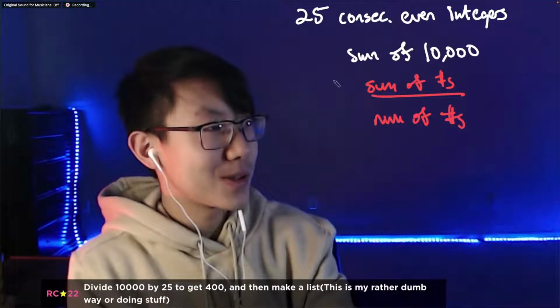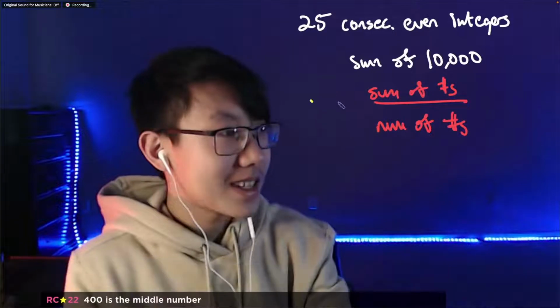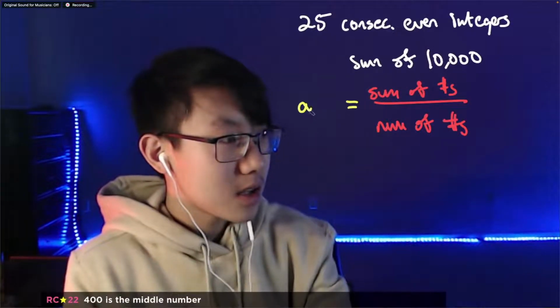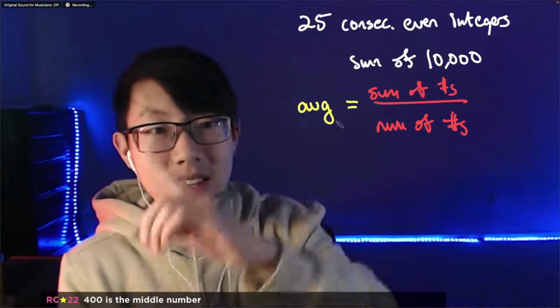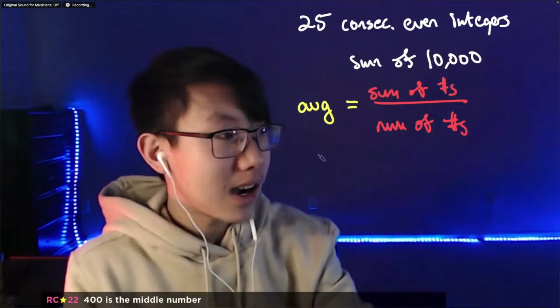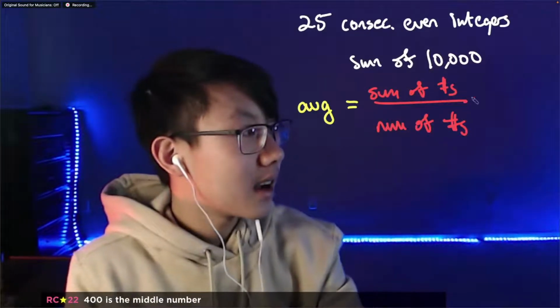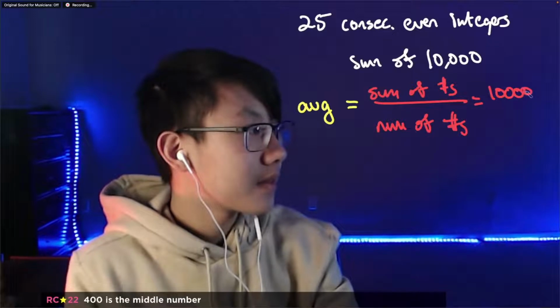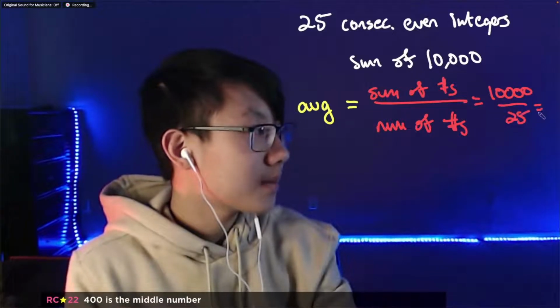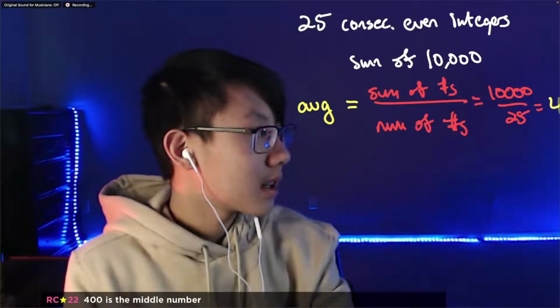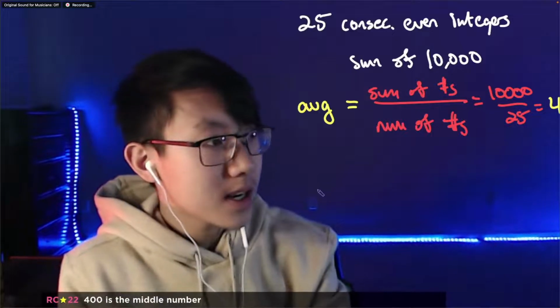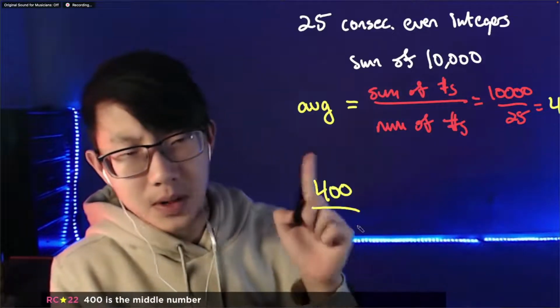This entire expression is the middle number, right? In other words, the average. Really good. So right away, that gives us the average of all the numbers. 10,000 divided by 25, which is equal to 400, is the average, which means we're going to start at 400, and this is the middle number, right?